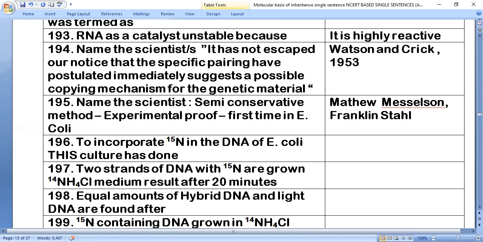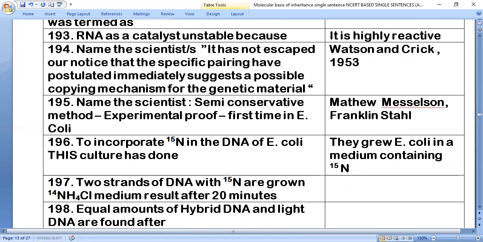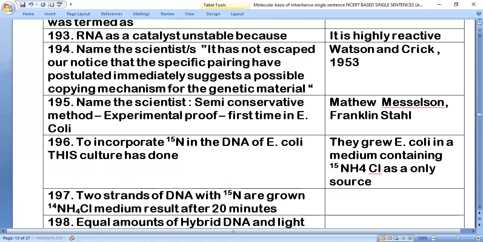They grew Escherichia coli in a medium containing NH4Cl, with the N15 radioactive isotope, as the only source of nitrogen, for many generations.